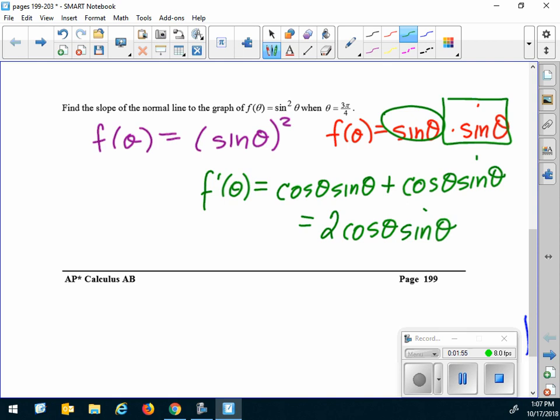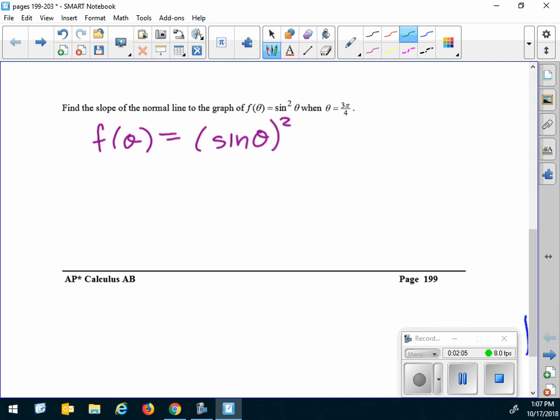Now, let's do it using the chain rule and see if we get 2 cosine theta sine theta. Well, we better, right? When you do chain rule, you've got to think, what's the inner function and what's the outer function? I got something being squared. That's the outer function. What am I squaring? Sine theta. So something squared is my outer function.